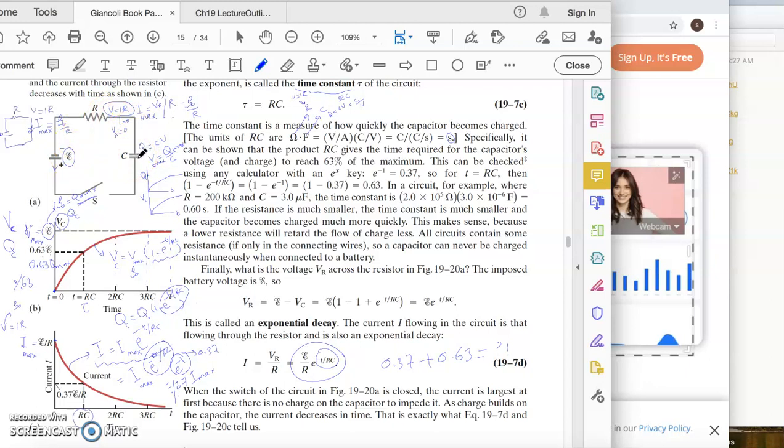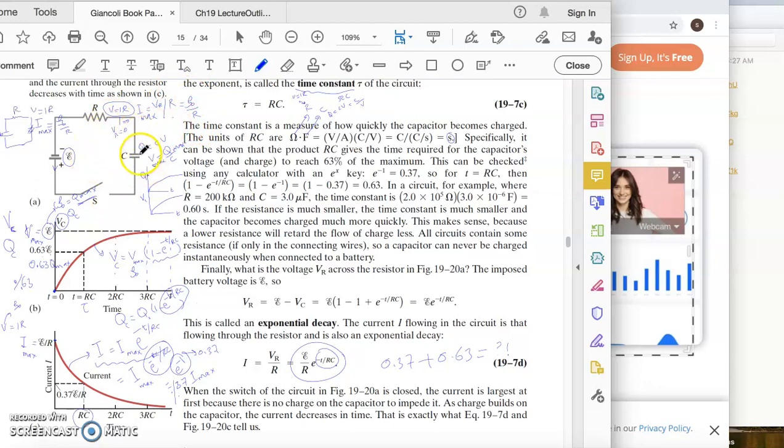So if one of them is increasing, the other should be decreasing, till the moment there will be no voltage across the resistor because the current will be zero. We have mentioned before that the moment we close the switch, the current will be the maximum, which is VR divided by R, where VR is the maximum at that moment, epsilon over R.